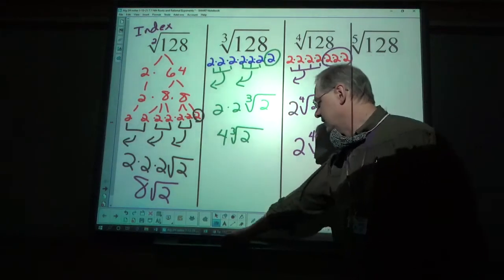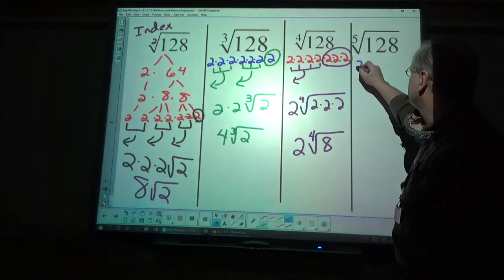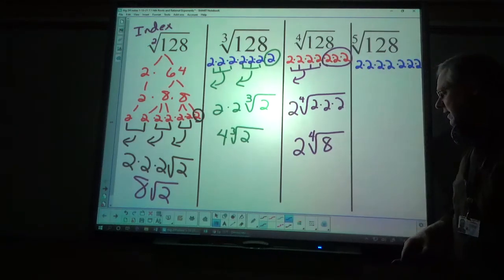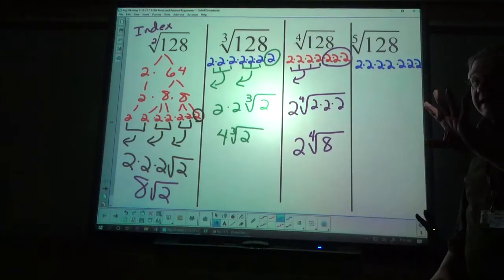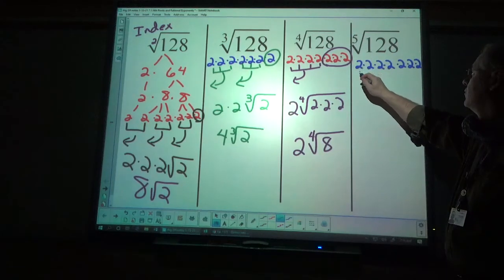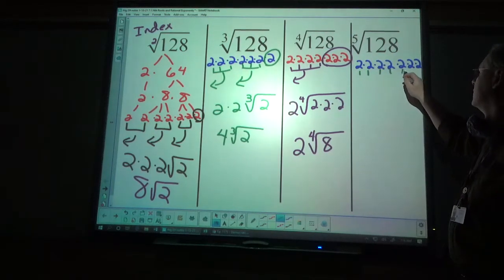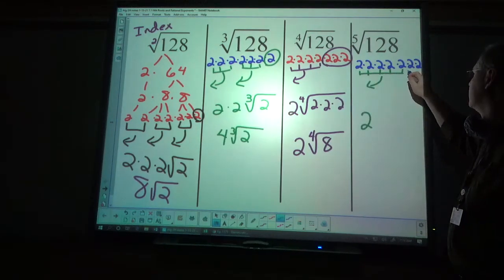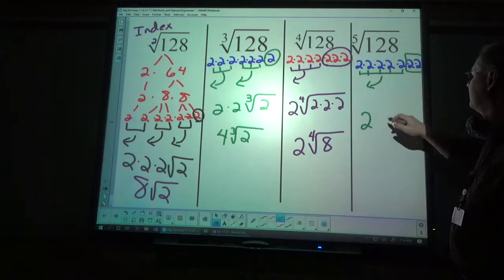Last one, again, there are 7 2s. And you need to have 5 in this case for a 5th root. So I connect up 5 of them to pull one out, and these are left over.